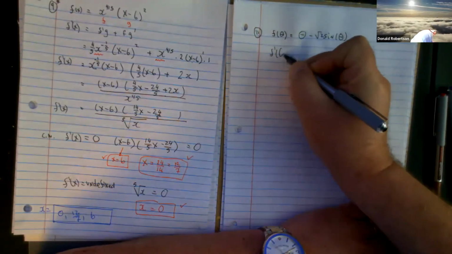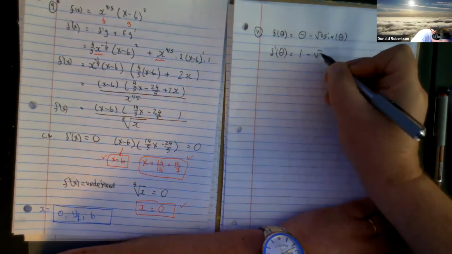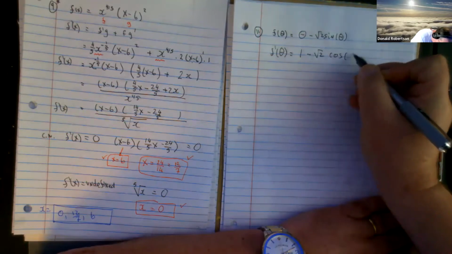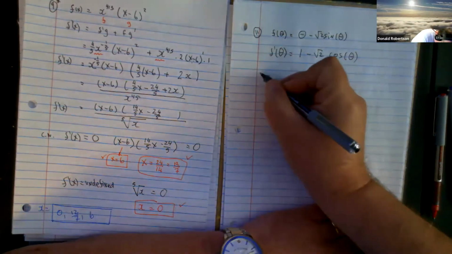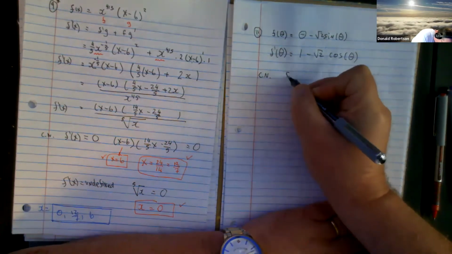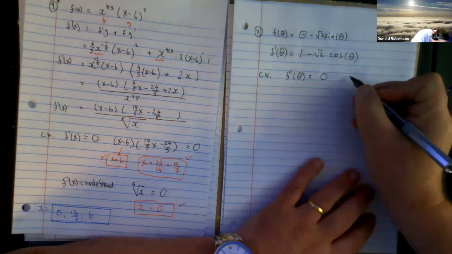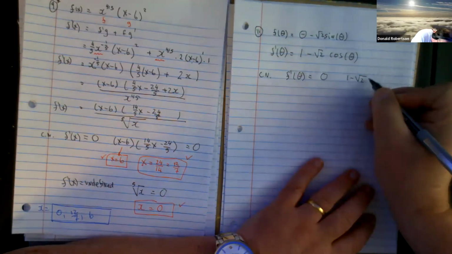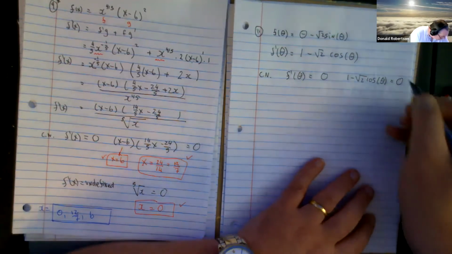If you differentiate this function, you get 1 minus the square root of 2 cosine of theta. So this is an example of dealing with a trig function. Now, critical numbers. When is the derivative equal to 0 becomes solving when is this guy equal to 0.